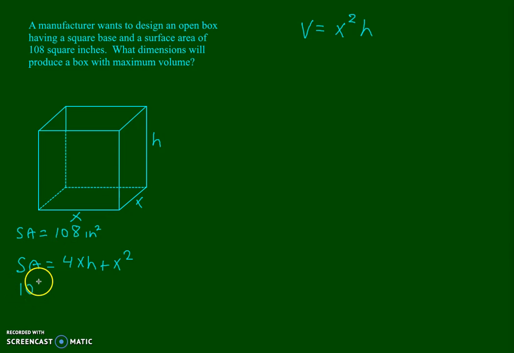So 108 equals 4xh plus x squared. Now I want to solve for h, so I need to get everything that's not h on the left side. So we have 108 minus x squared equals 4xh. And now I'm just going to divide by 4x.